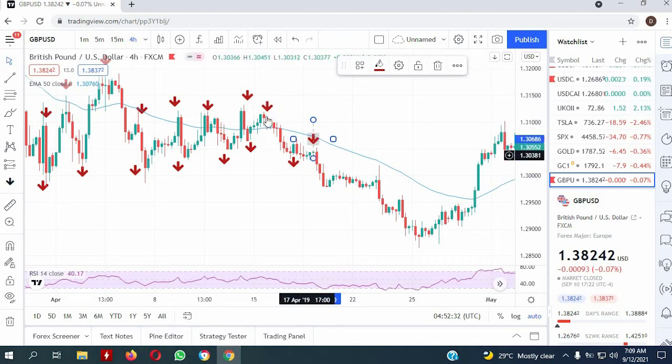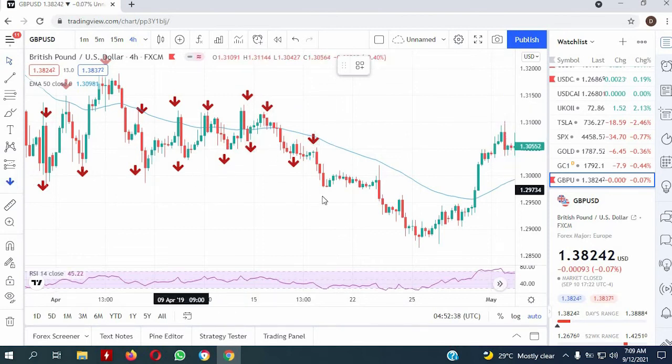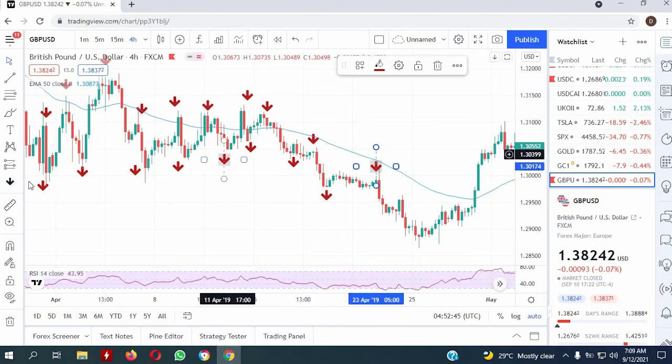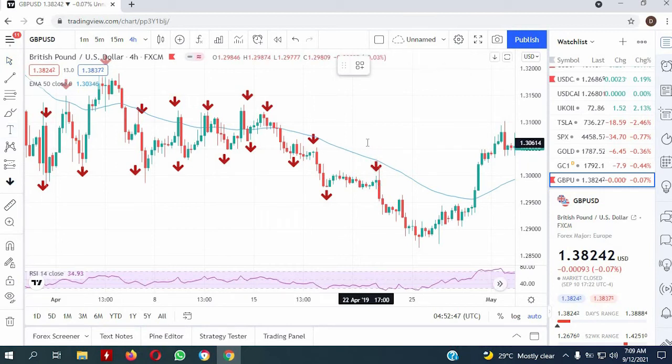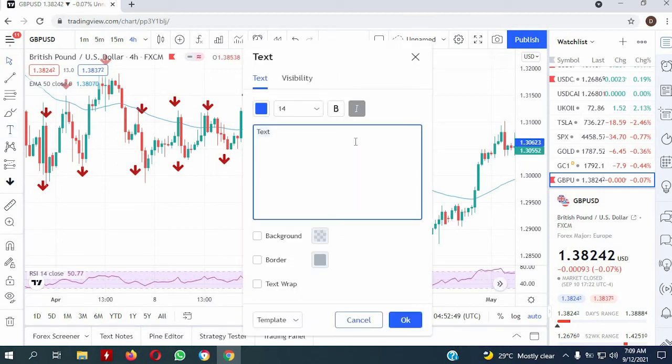Now we have a series of 2 or more lower highs and lower lows, right? What we do now is sell. As long as we can identify 2 or more lower highs and lower lows, that is when we sell.